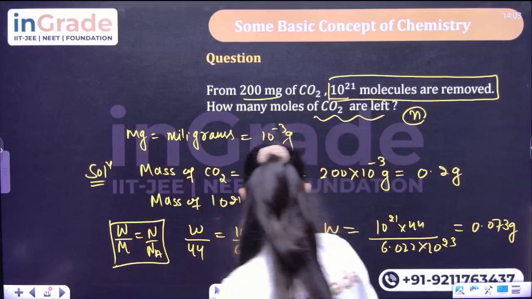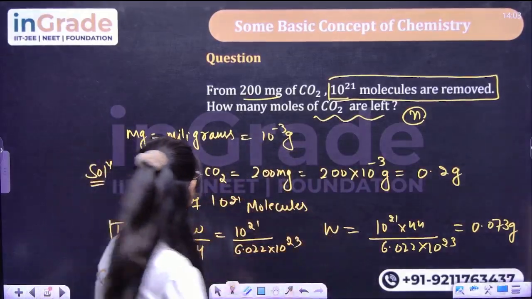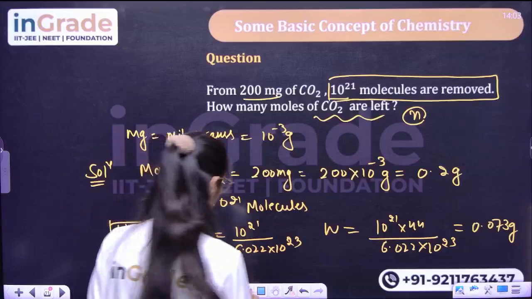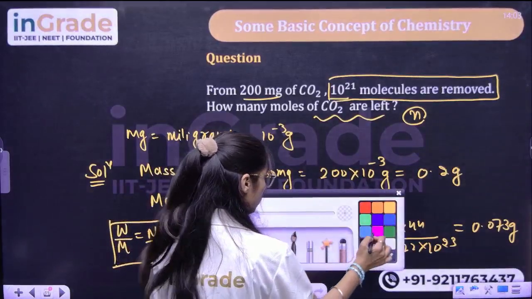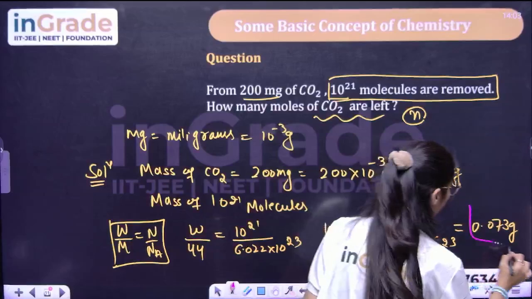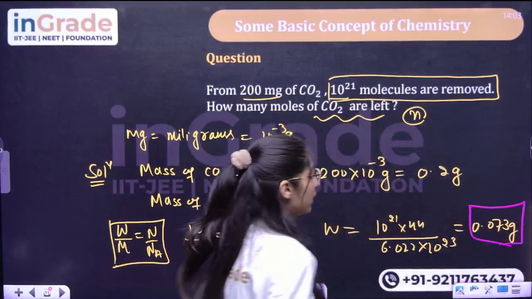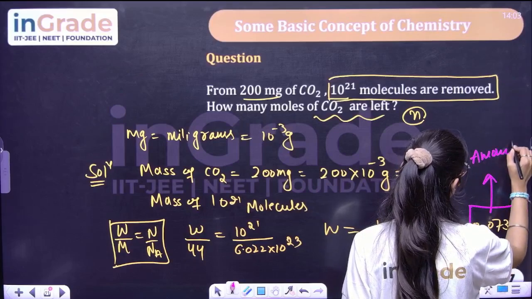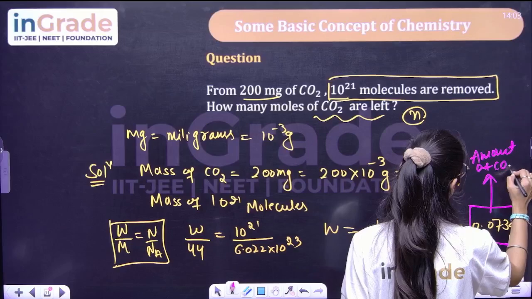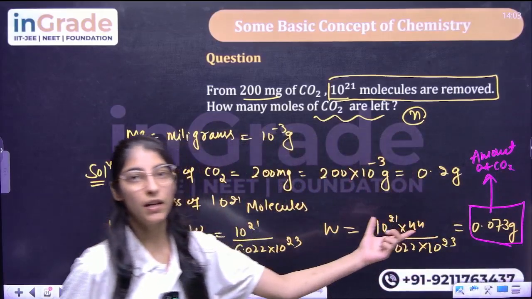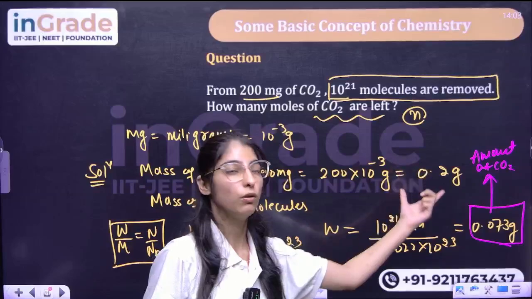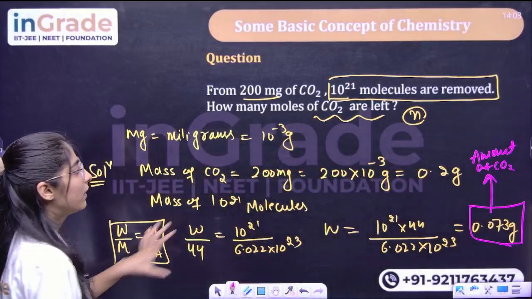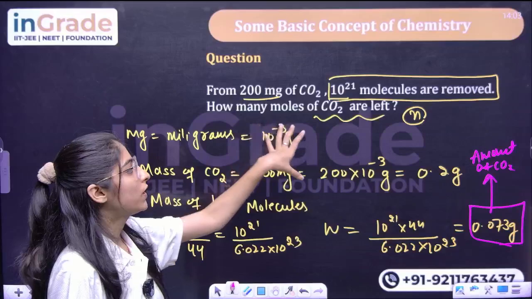So this much, just wait for a moment. See, this much amount of CO2 is present in 10 to the power 21 molecules. We have to calculate how many moles of CO2 are left.